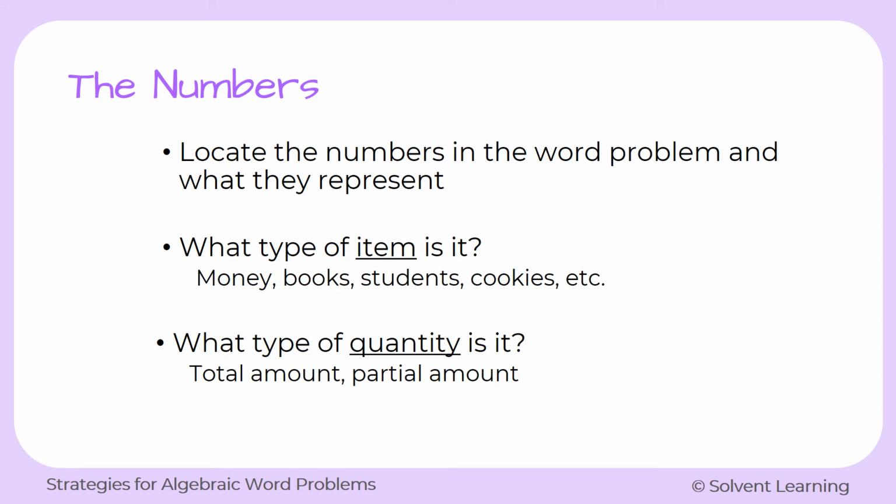Or is it the money that we have left over after we've purchased things at the store? In which case it would represent just part of the amount of money. So once you can understand that, whether it represents the total of something or just a part of something, that'll normally give you a clue on how that number will piece together in the actual equation.